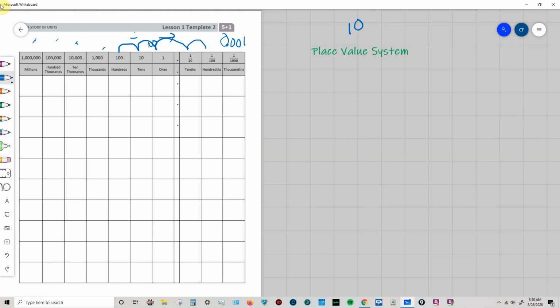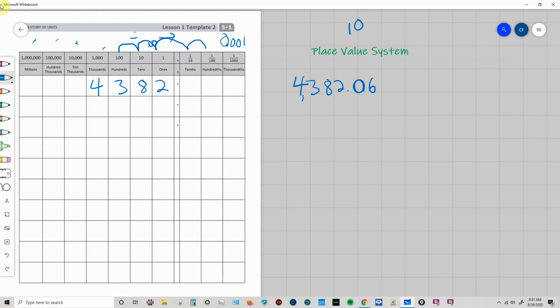So when we see something, let's just start off, if I told you the number 4,382 and 600ths. Okay, it's a very simple number to read when you know your place values, and we can just put it in here: 4 thousands, 3 hundreds, 8 tens, 2 ones, 4,382.